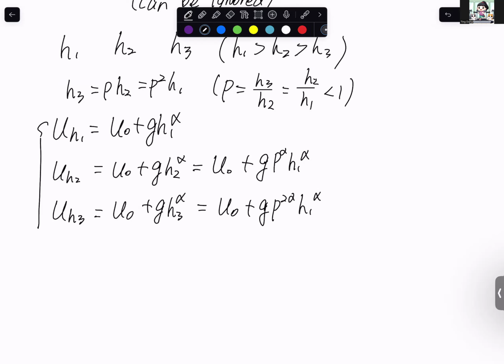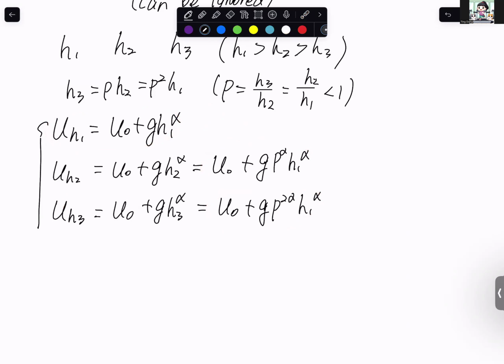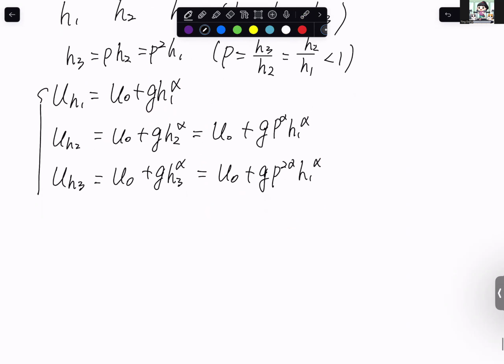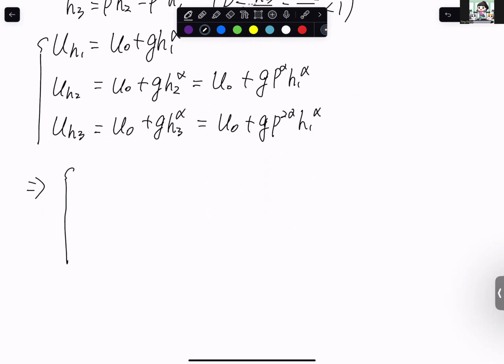Now let's use the second equation minus the first equation, and the third equation minus the second equation. We can calculate the convergence rate. Sometimes it requires us to calculate the convergence rate to see how it converges.